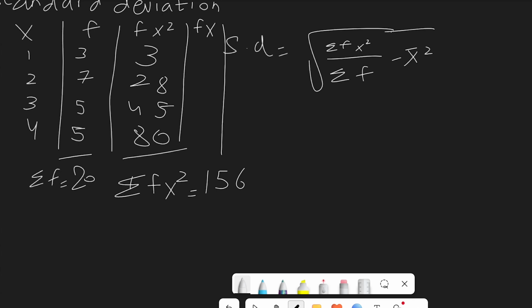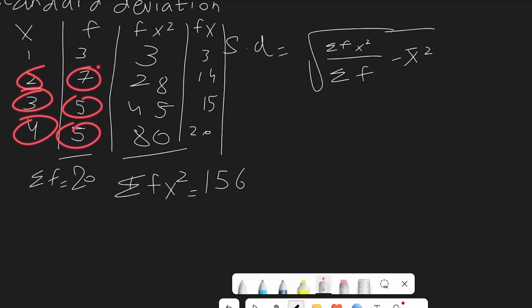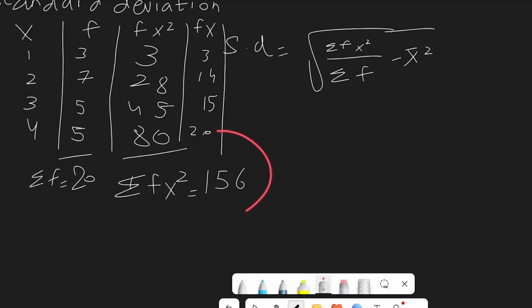So fx would be 3, 7 times 2 is 14, 5 times 3 is 15, and 5 times 4 is 20. By the way, I am multiplying these two values, like 4 times 5, 3 times 5, 2 times 7. Now we have to do sigma of fx.